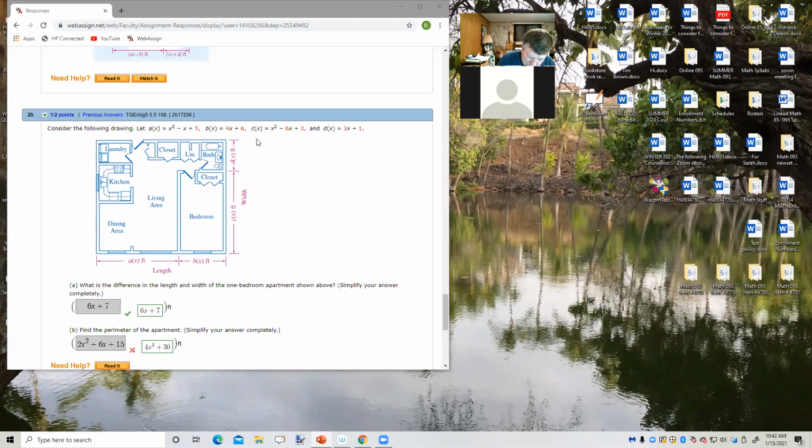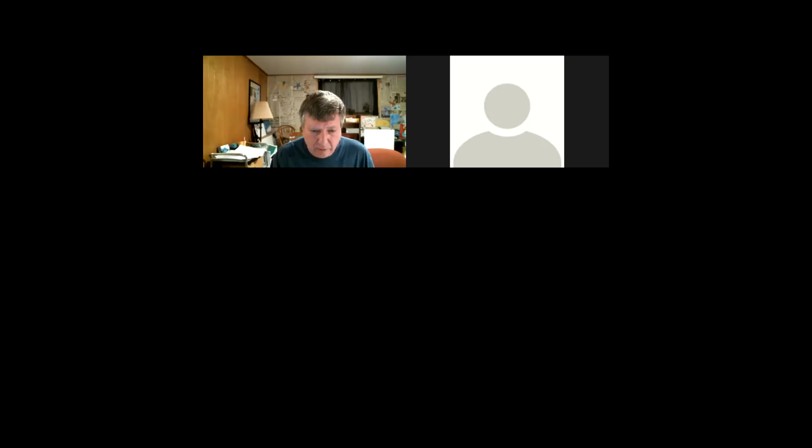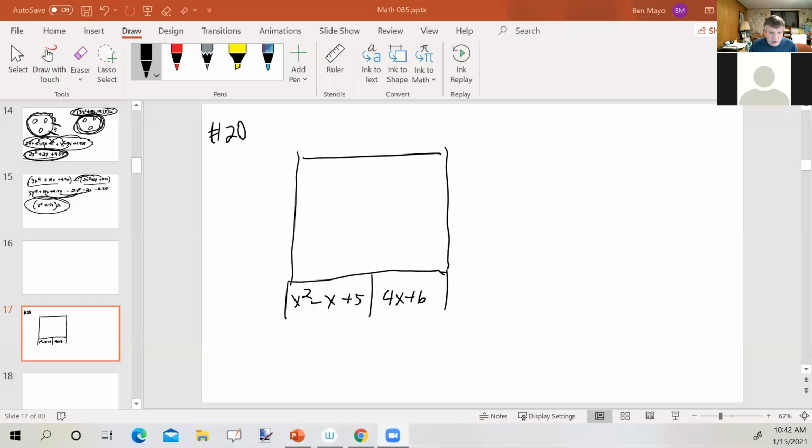So we've got x squared minus x plus 5 and 4x plus 6. So these two polynomials represent a of x and b of x.